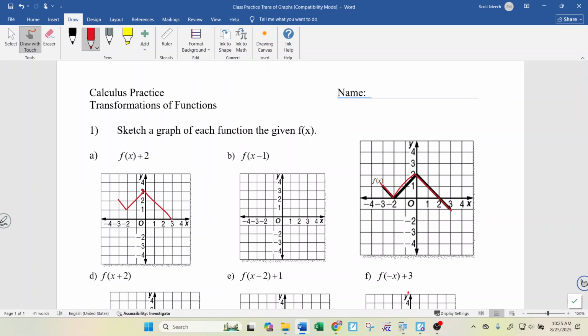If we have minus 1 inside, that moves it left or right. Right 1, right? It's the opposite. It's minus 1, so you move it to the right 1, so it would look like that.